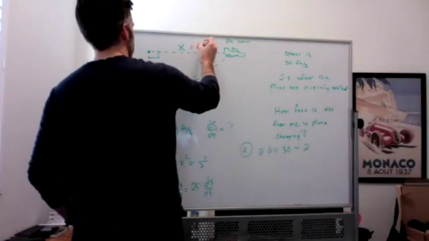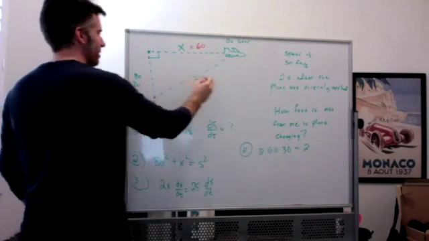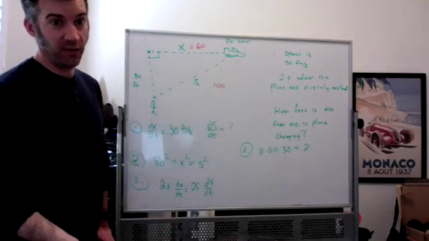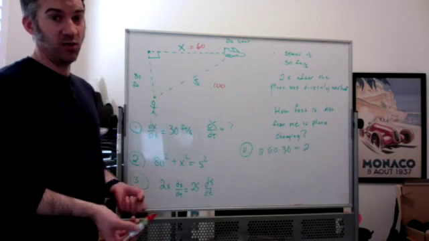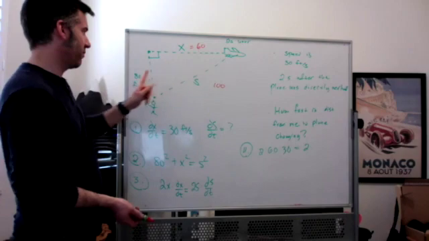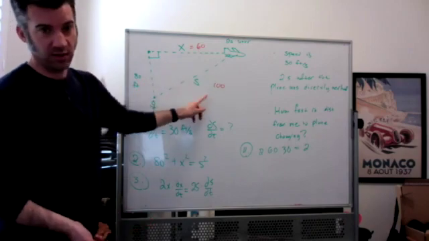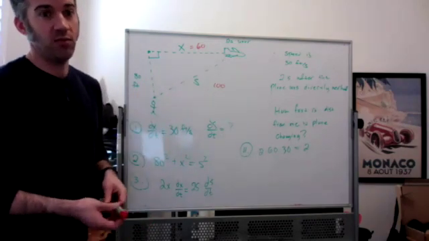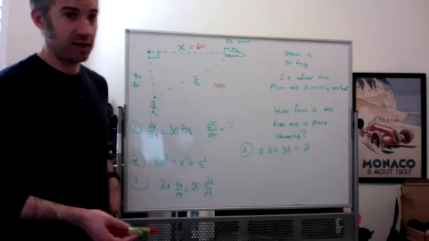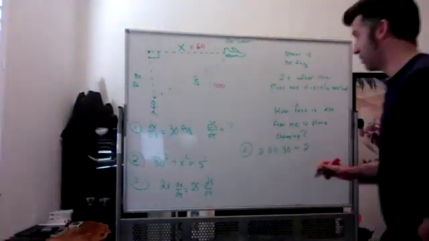Well, if x is 60, I have a 6, 8, 10 triangle, or really a 3, 4, 5 right triangle where every side is multiplied by 20. 3, 4, 5 times 20 is 3 times 20 is 60, 4 times 20 is 80, 5 times 20 is 100. Most of the time, when you've got right triangles, people are going to try and give you numbers where the things work out nicely.